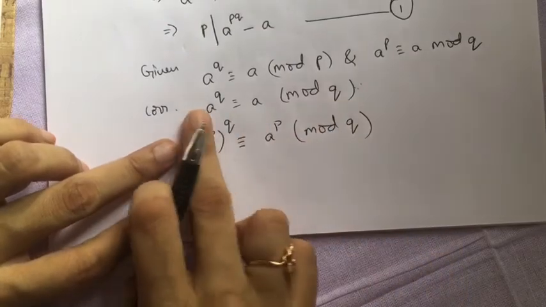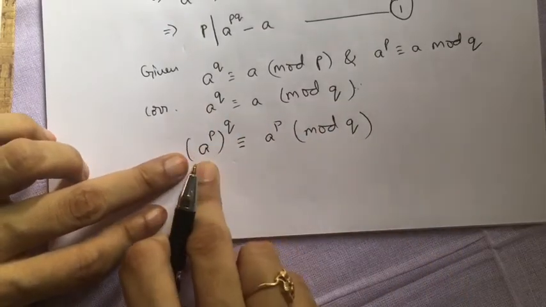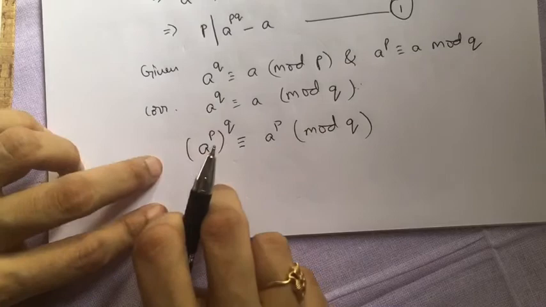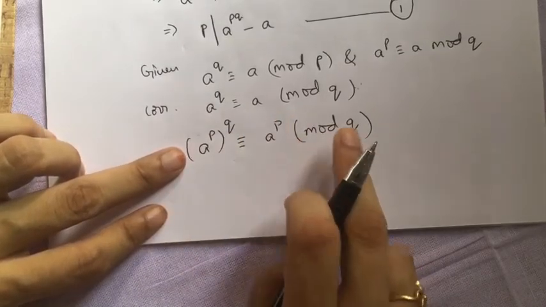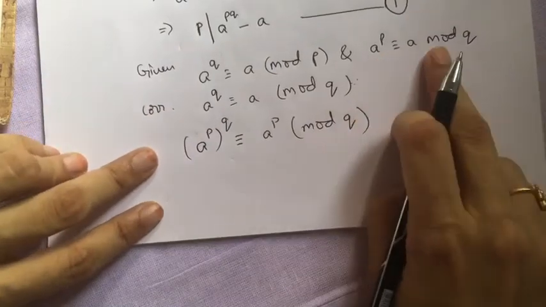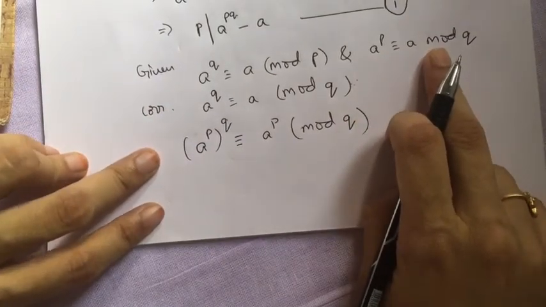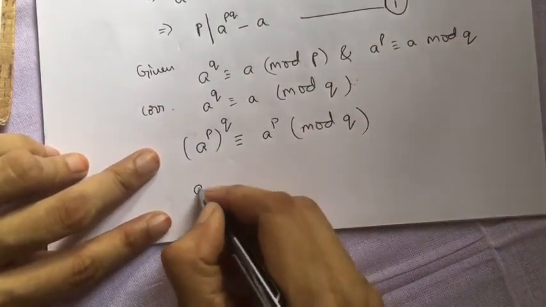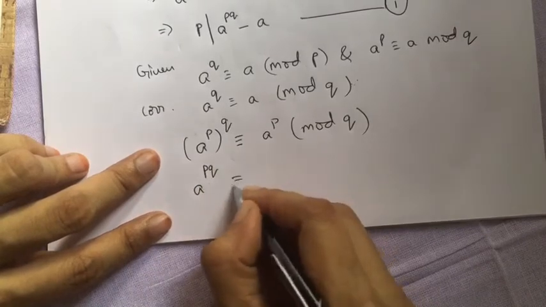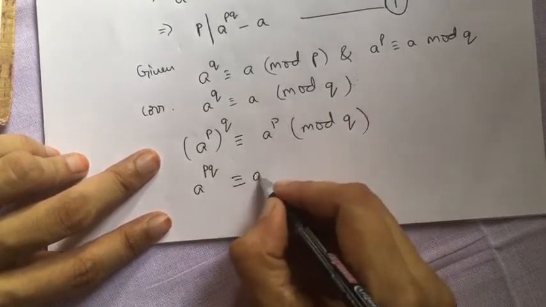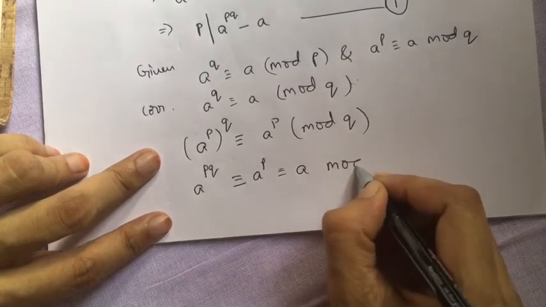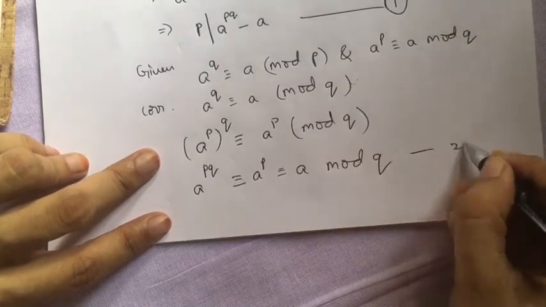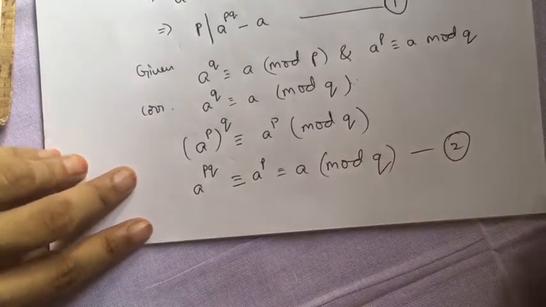In place of a, I am writing a power p. So a power p to the power q is congruent to a power p mod q. But a power p is congruent to a mod q, so I am applying this over here. So a power pq is congruent to a power p, which in turn is congruent to a mod q. So this is the second relation.